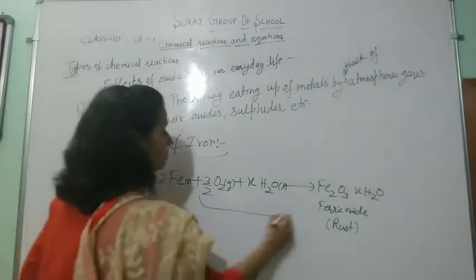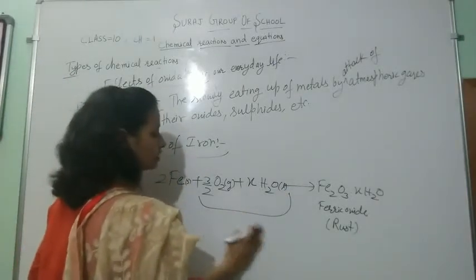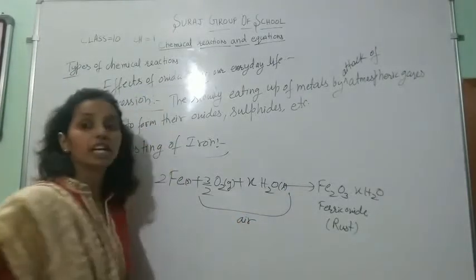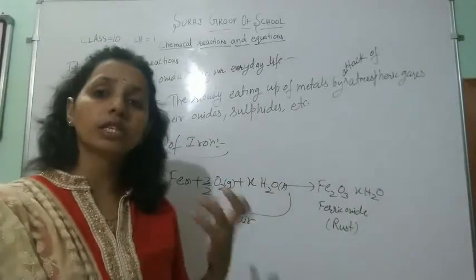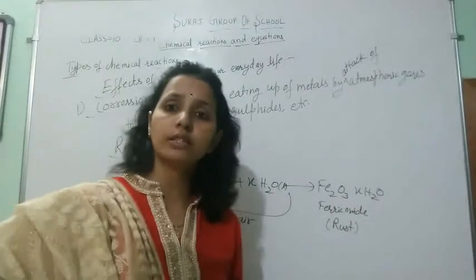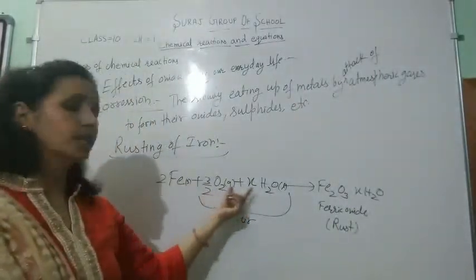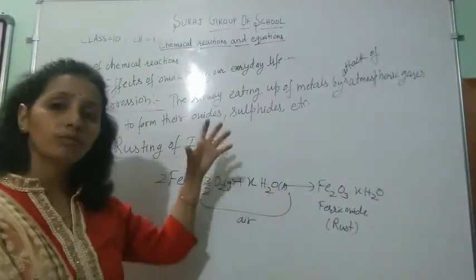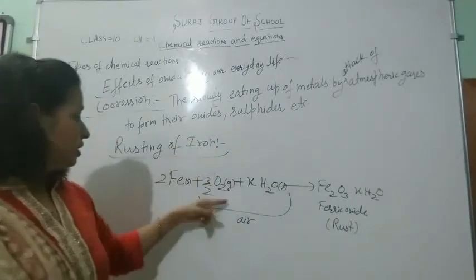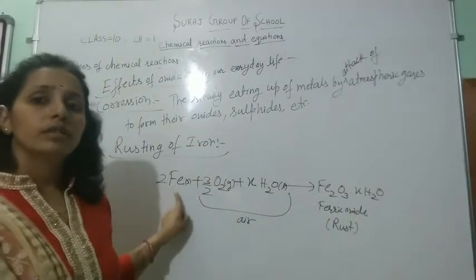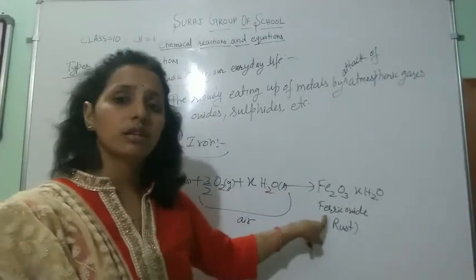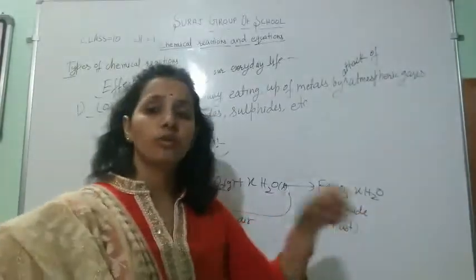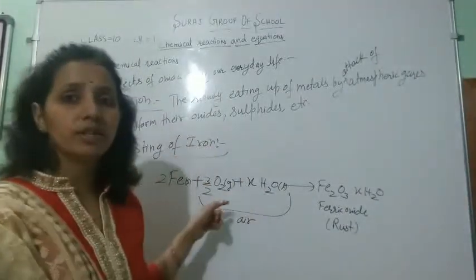Both compounds are taken from the atmospheric air, because moisture and oxygen gas are present in air. So oxygen and water react with the iron article to form ferric oxide, known as rust, and XH2O.